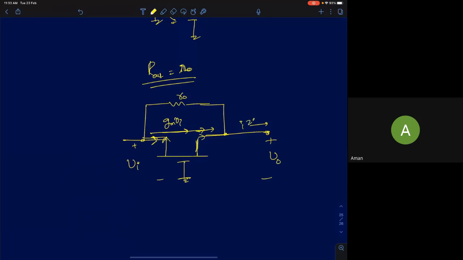There is no current flowing here. So which means this entire current has to flow like this. It will take the path. See, current always has a tendency to take the path of least resistance. So therefore, it's going to take a path this way. And when it does, it's going to create a voltage drop of value Gm R naught into Vi.